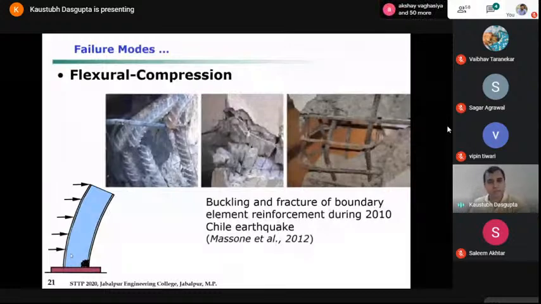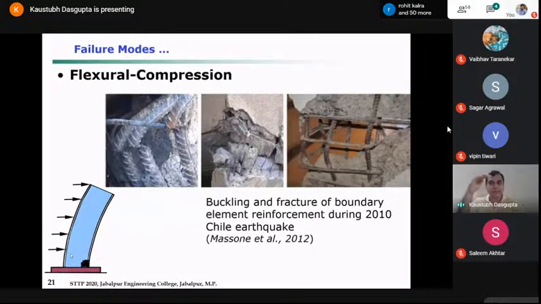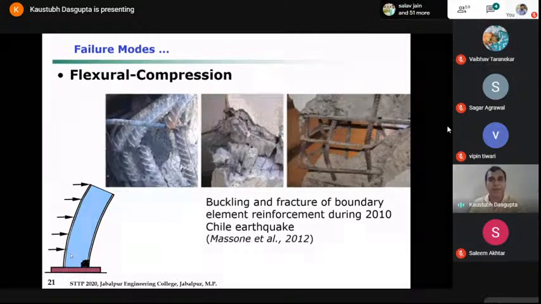So what is the consequence? If you do not have the lateral ties spaced at sufficiently close intervals, that large compression can lead to buckling of the longitudinal bars. Just like you can have the buckling of any column, if you have large spacing of the ties, your concrete will not remain confined.